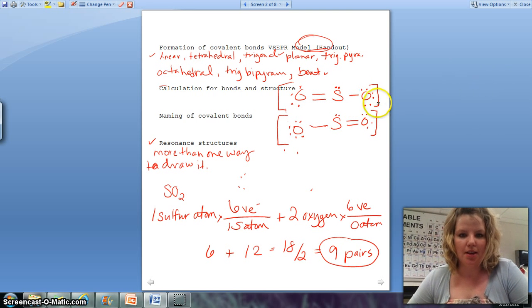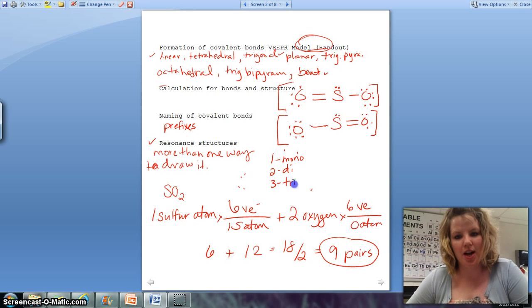For naming covalent compounds, they have prefixes, it's all about prefixes. So 1 is mono, 2 is di, 3 is tri, and so forth. 4 is tetra, and basically you put how many there are.